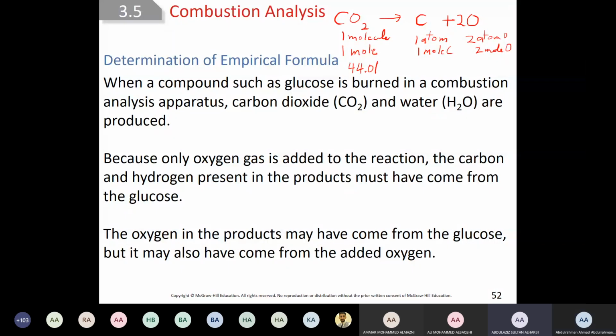Yes, 44.01. What's the mass of the carbon? 12.01. And I don't want to care about the oxygen at this time. Clear?